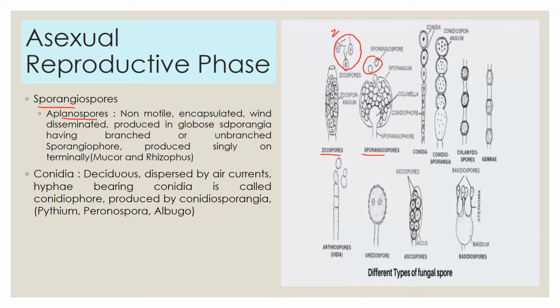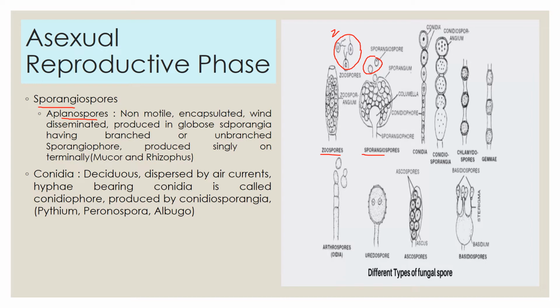So aplanospores are produced in a similar fashion, but the main difference is their motility. Aplanospores are non-motile and their dispersal process is also different. Aplanospores are found in the higher fungi, that is the ascomycetes, basidiomycetes and deuteromycetes.